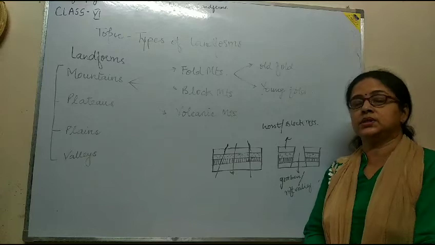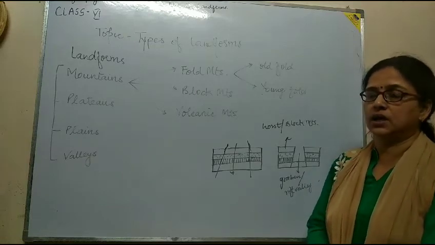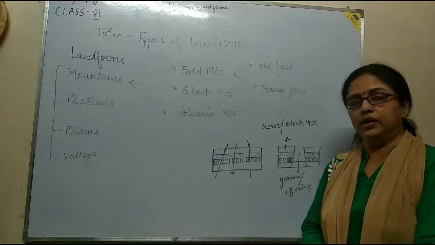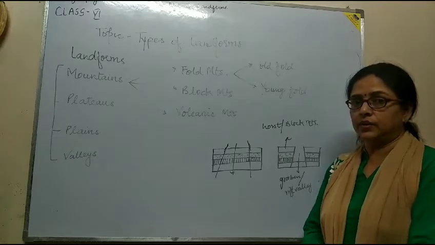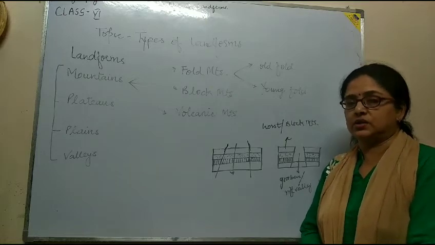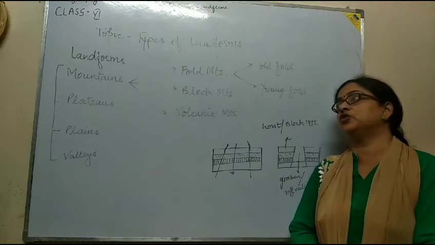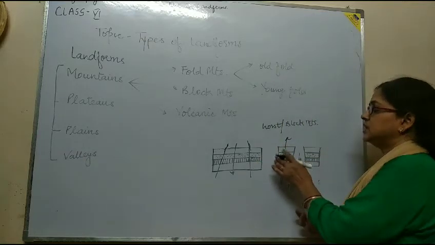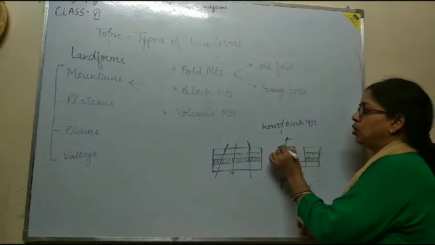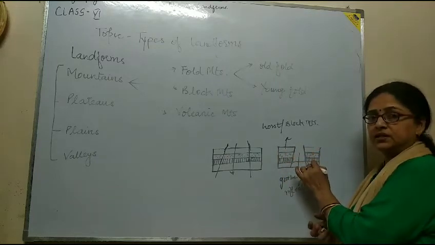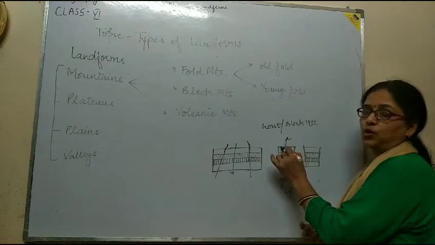Some of the examples of block mountains are the Vindhyachal in India, the Black Forest in Germany, the Vosges in France. The feature of block mountains is that they have steep sides with a flat top.